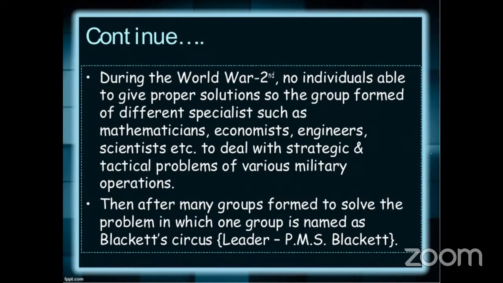These people made techniques which they utilized in World War II, and they succeeded in the war. Then afterwards many groups formed to solve the problems, in which one group is named Blackett's Circus. So Blackett's Circus is named after P.M.S. Blackett, who was the leader of this group, which formed and solved their problems when the World War was going on. Right.